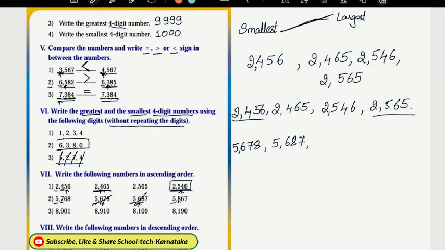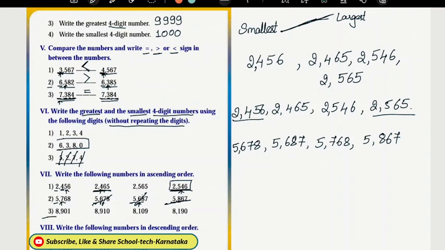It is 5, 5. Okay, then hundreds is 7, 8. 7 is the smallest. We have 5768, and the remaining number is our greatest number, 5867.